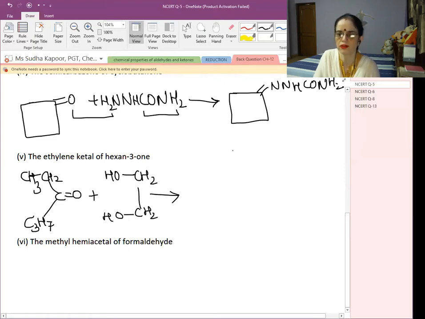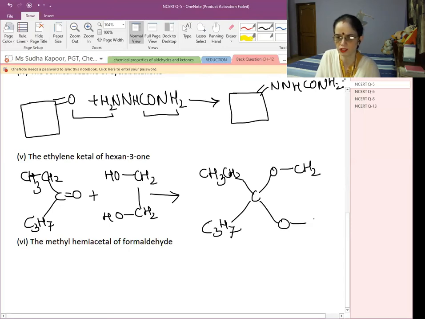But actually we are supposed to draw only the product. This is the way you are going to memorize the things. CH3, CH2, C, C3H7, OCH2, OCH2, that is the cyclic part.